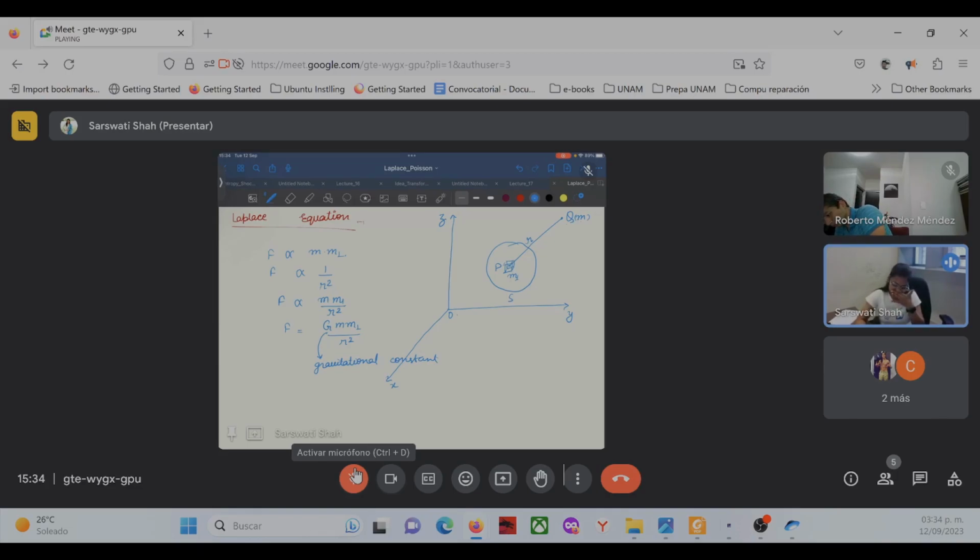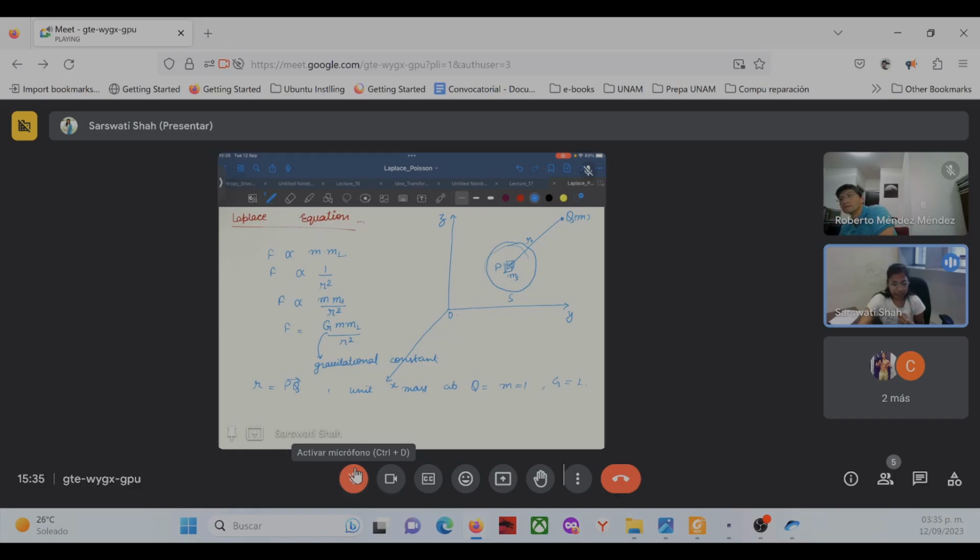If R represents the vector, R equals vector PQ, assuming unit mass at Q, that is m equals 1. So the force at Q due to the mass at P. Now I am taking this region as containing more than one particle. Basically I am choosing one particle, and this is the particle. So this will try to attract this Q towards itself.